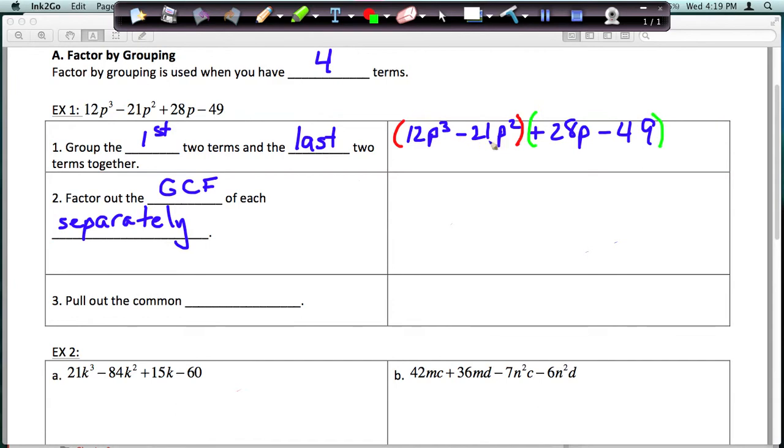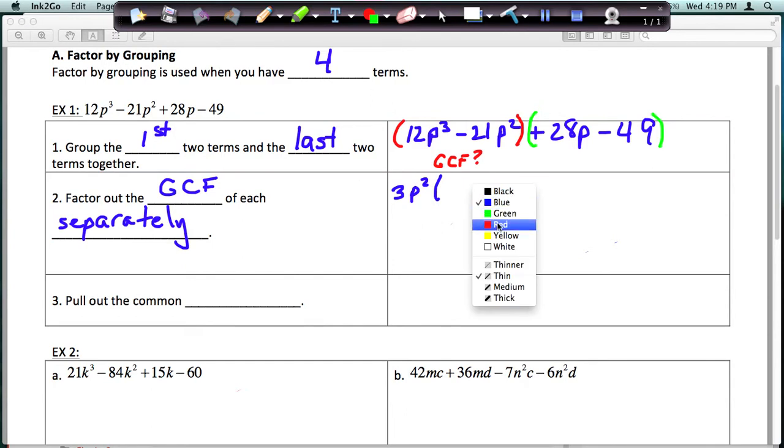I'm looking at what is the GCF of just these 2 terms. So that's what I'm asking myself. And the GCF of 12 and 21 is 3, and then the smallest exponent is p squared. So that's what I'm going to pull out. So I'm going to divide both of these terms by 3p squared.